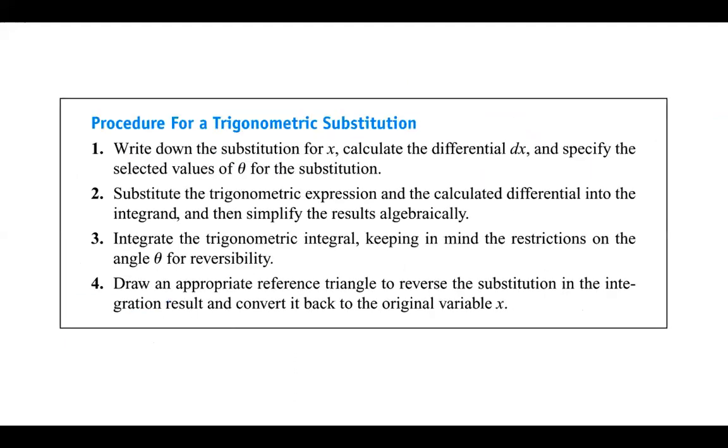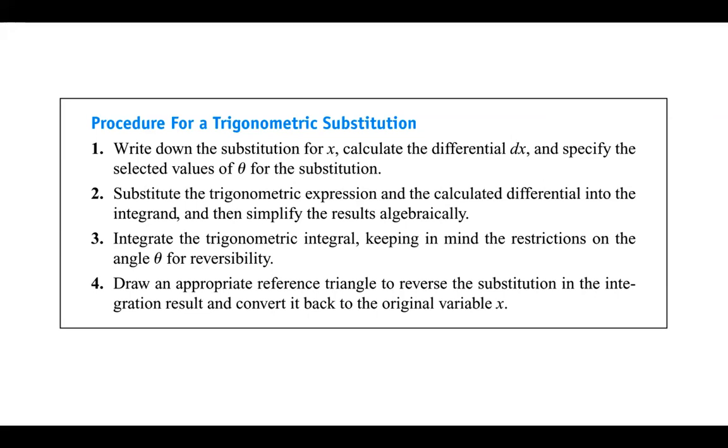All right, so the procedure is as follows. This is the procedure that you'll see me doing in the examples. First, write down the substitution for x, calculate the differential dx, and I would say if it's a definite integral, then specify the selected values of theta for the substitution. If it's an indefinite integral, we will not worry about that.